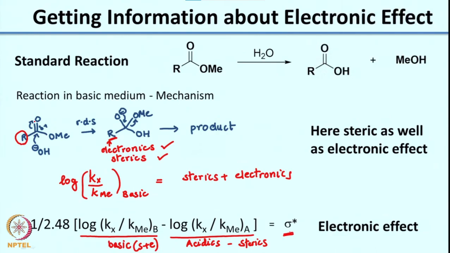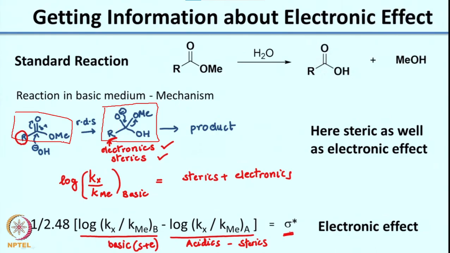And the reactant is uncharged, right? The reactant is not charged here, but here we are getting a charged intermediate. That means an electronic effect is present because the charge difference is there.